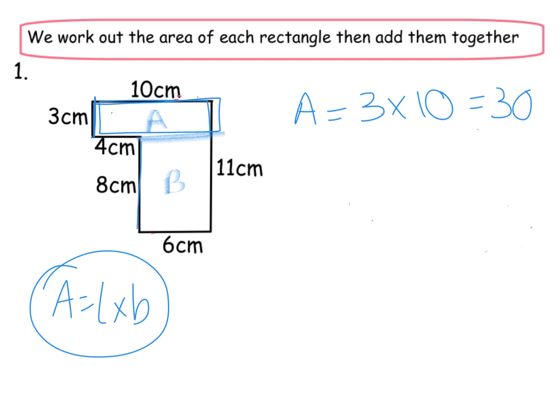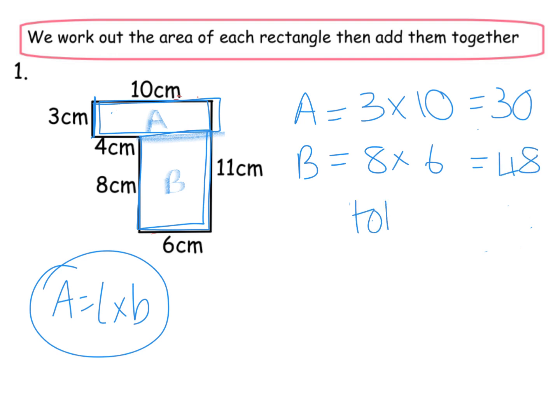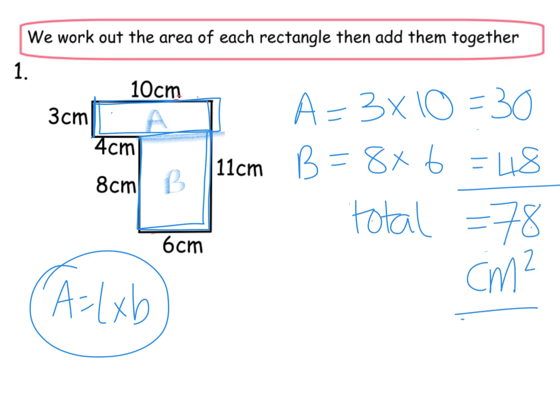Area B is 8 down by 6, so 8 times 6, which is 48. This is why I had those other numbers in there. Our total area, when we add them together, gives us the same answer as before, 78 square centimetres.